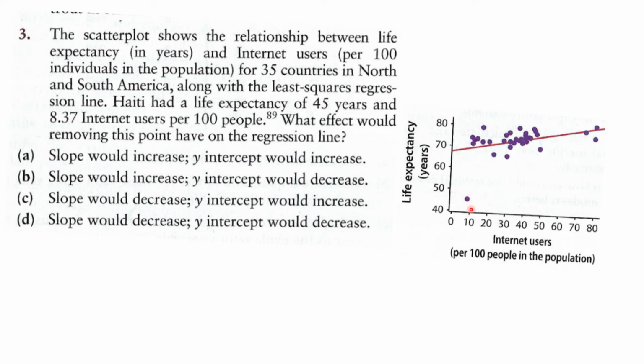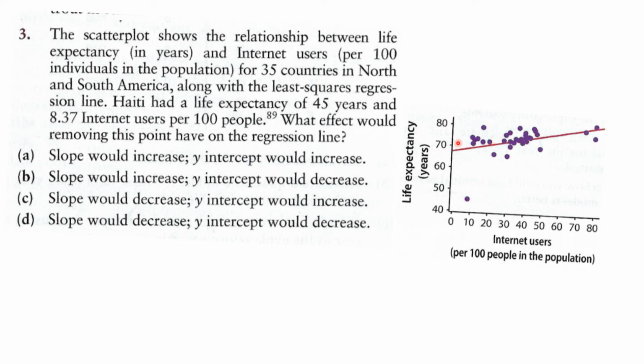So we can clearly see that Haiti right here is an outlier. It's very far off from the line that fits the rest of the data points pretty well. What this data point is doing to the line currently is pulling the slope downward.